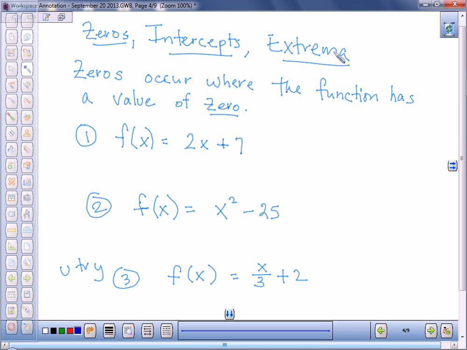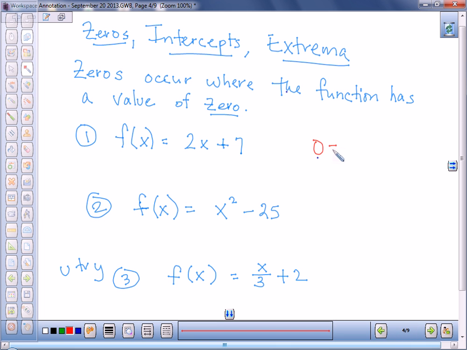All right, here we go. Zeros, intercepts, extrema. Zeros occur where the function has a value of 0. Doesn't that make sense? Yes. So if we had the function f of x equals 2x plus 7, how could we find where the zero of the function occurs? Well, it occurs where the function has a value of 0. So for f of x, I plug in 0.